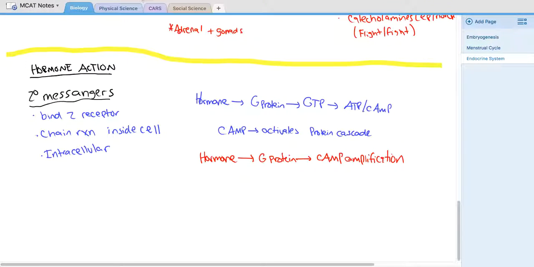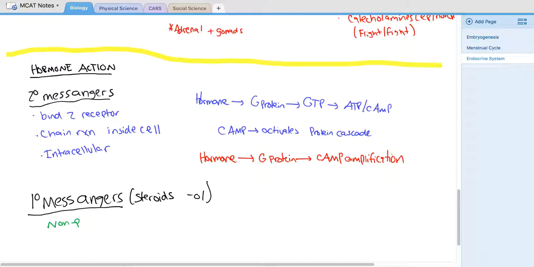On the other hand, you've got primary messengers. So these are steroids, usually ending in -ol, and these are nonpolar, so they can cross the cell membrane.